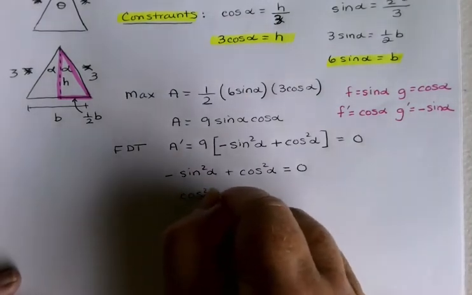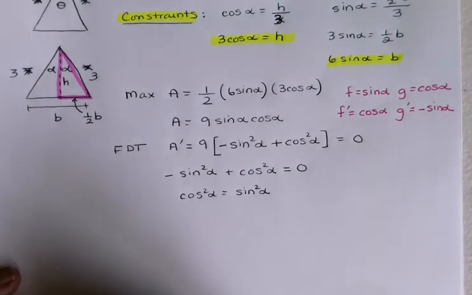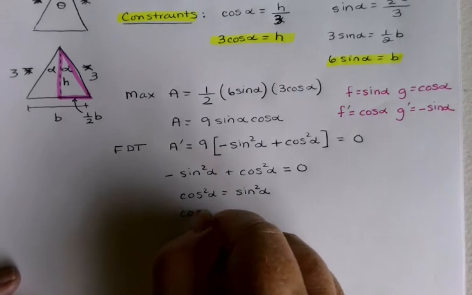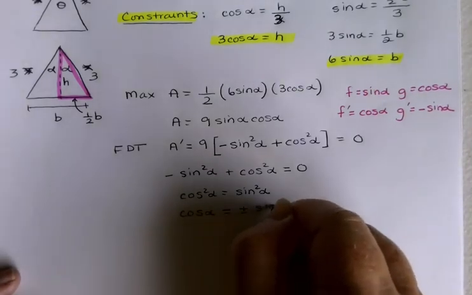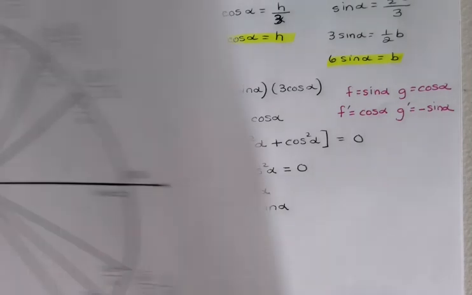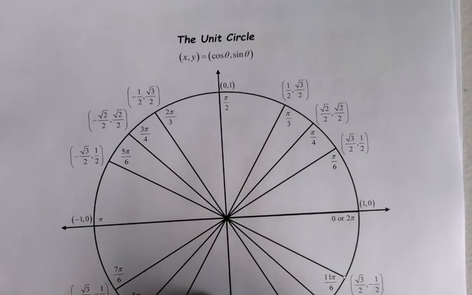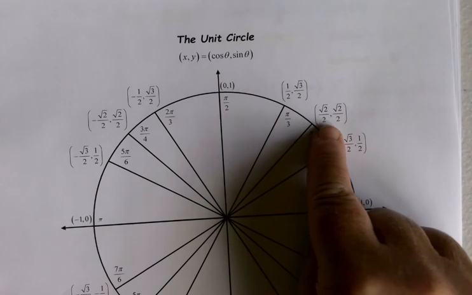So cos squared alpha equals sine squared alpha. And that means that cosine alpha equals plus or minus sine alpha, if I take the square root on both sides. All right, if I just look at a unit circle, at pi over 4, or 45 degrees, sine and cosine are the same.